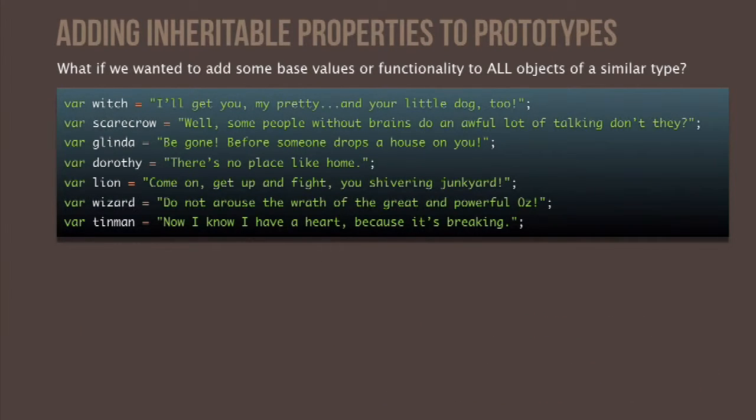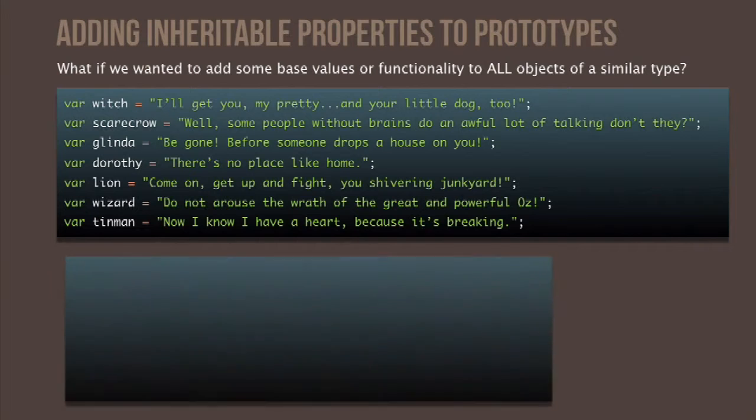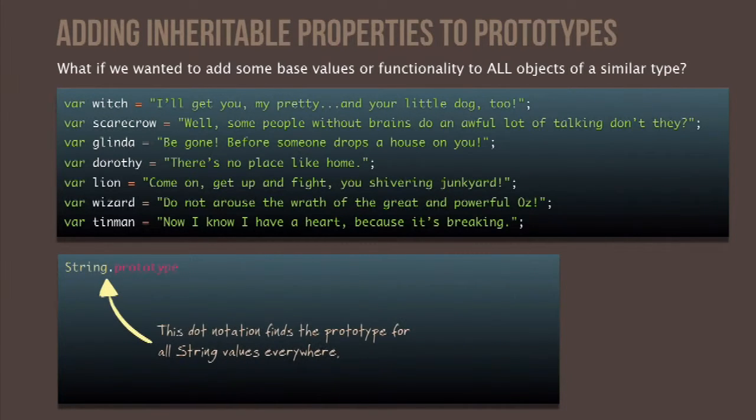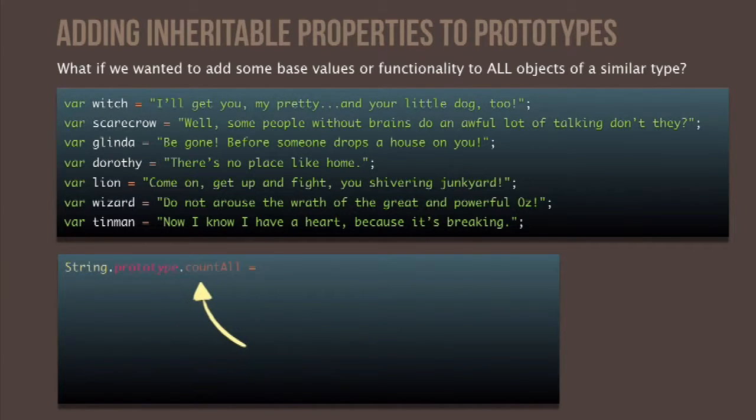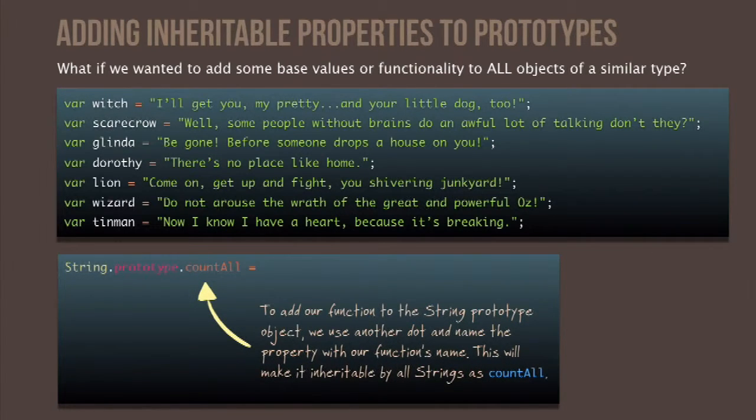So let's try it. We'll start to build a new function inside of the string prototype. Now this dot notation that you see here finds the prototype for all string values everywhere. To add our function directly to the string prototype, we're just going to use another dot and assign a new property name called countAll because we're going to be counting a bunch of letters.